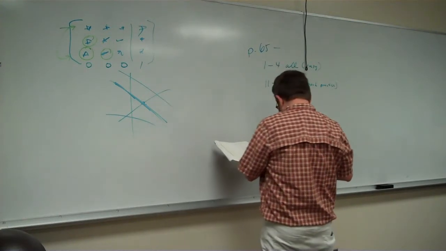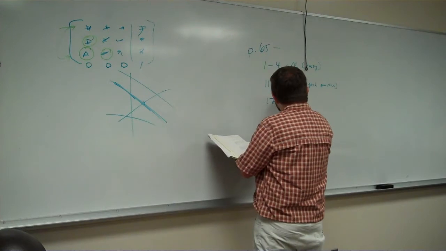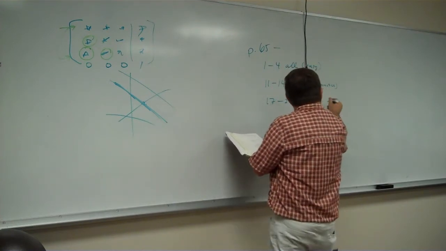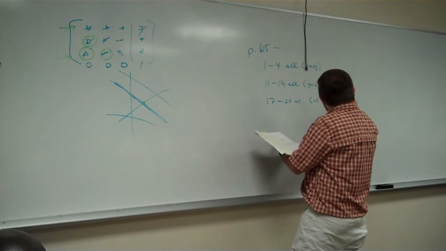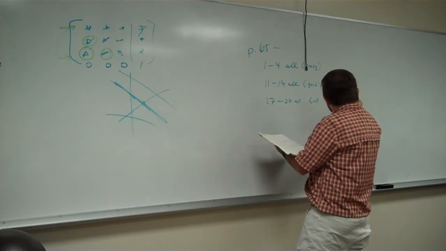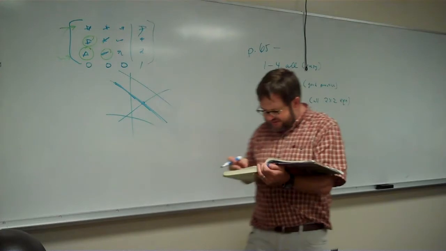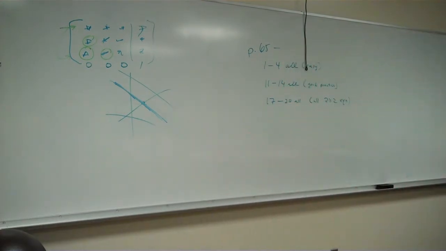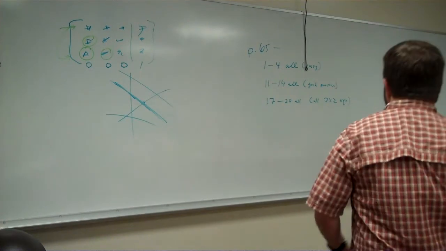Let's do 17 through 20 all. Now these are all 2 by 2 examples, 2 equations with 2 unknowns. And so those are going to be relatively simple. And let's do 27 and 29.